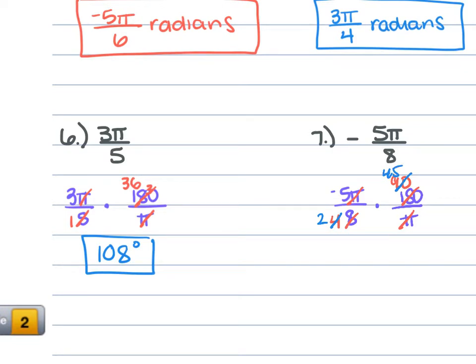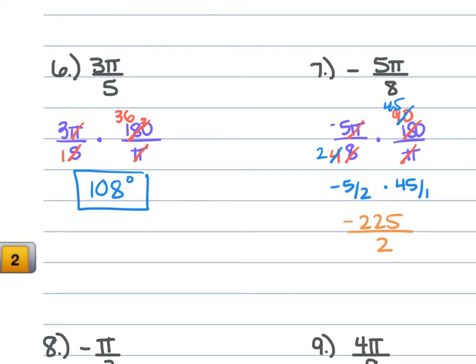So we have negative 5 over 2 times 45 over 1. The negative 5 times 45 gives us 225, so negative 225 over 2. If we divide the negative 225 by 2, we get negative 112.5 degrees.